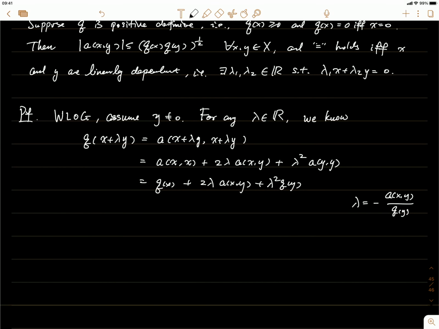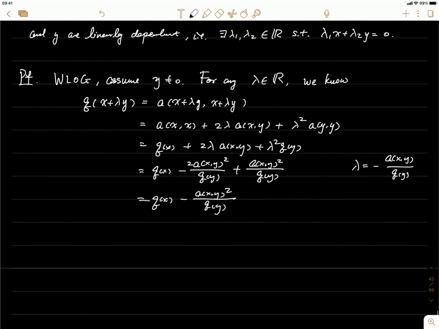Then this becomes Q(x) squared, the same, and here we'll have minus A(x,y) squared over Q(y) squared, and here we'll have plus A(x,y) squared over Q(y) squared. We have 2 here, so now you have Q(x) squared minus A(x,y) squared over Q(y) squared. And we know this Q is positive definite, so that means this is greater than or equal to 0.